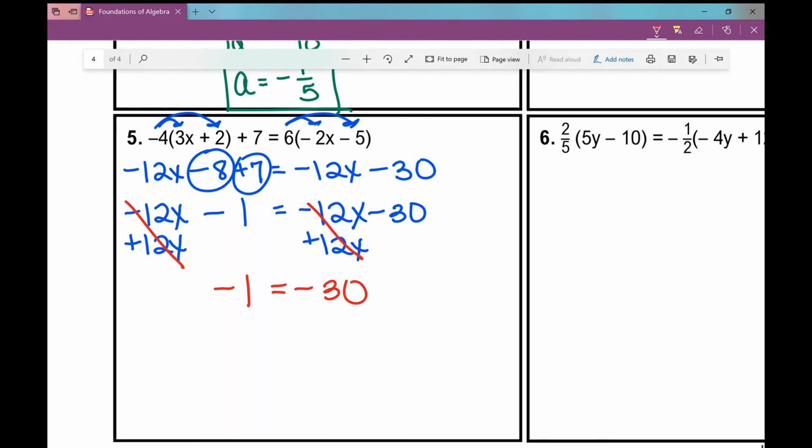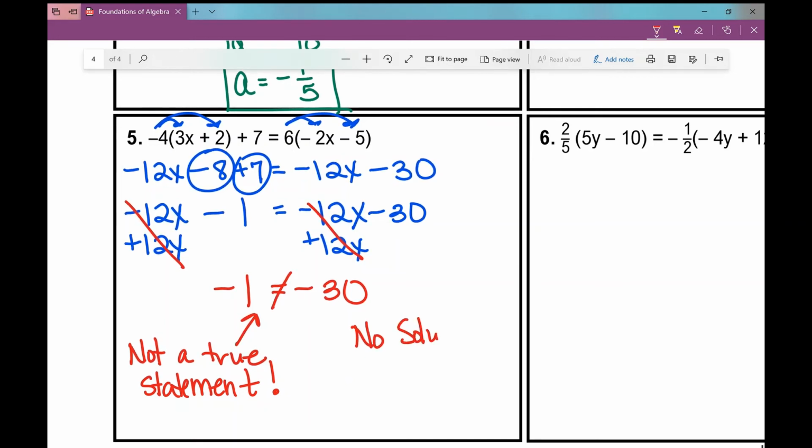-1 equals -30. When you get rid of your variables and you end up with a statement that is not true, this is not a true statement. -1 does not equal -30. When you get rid of your variables and you end up with a false statement, your answer is no solution.